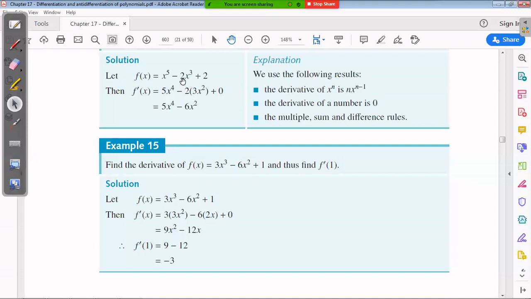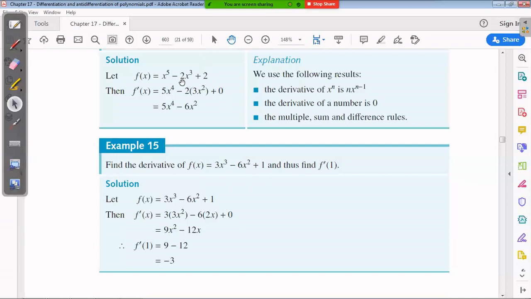And we write this multiplying constant 2 as 2. We don't have to change this constant. And then we also have a rule that the derivative of any constant number is 0. So we know that 2 is a constant number, so its derivative is taken as 0. Whenever 2 is alone, we take its derivative as 0.